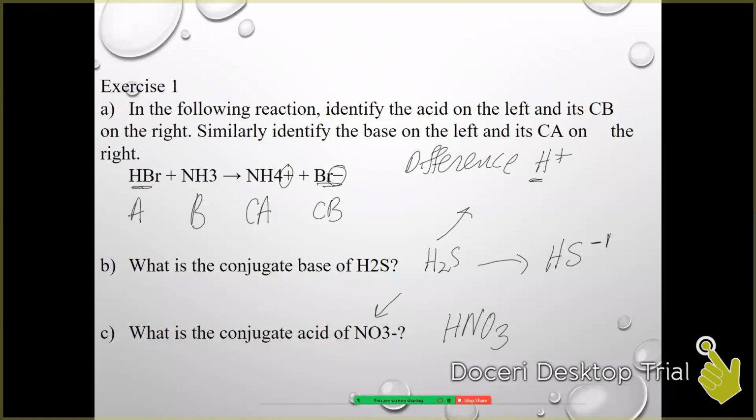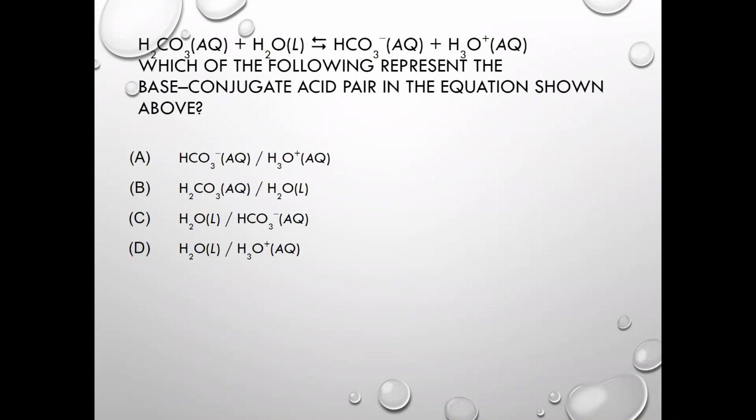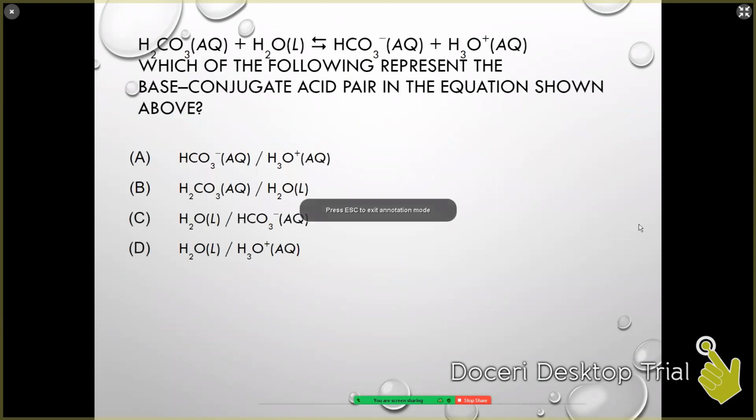All righty. Of course, there are Ks for acids and bases. Let's look at this one first. This is a good one. This isn't on your notes, just look at it. We have our equation right here, and it says, which of the following represent the base conjugate acid pair in the equation shown above? It's the only one that makes sense, right?